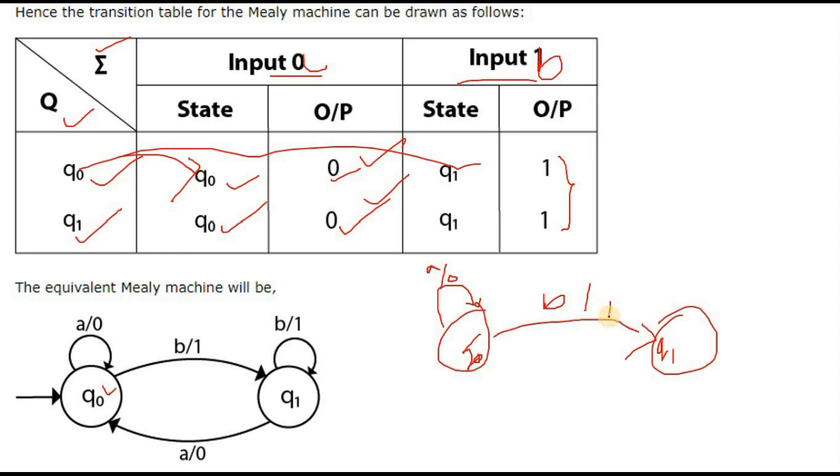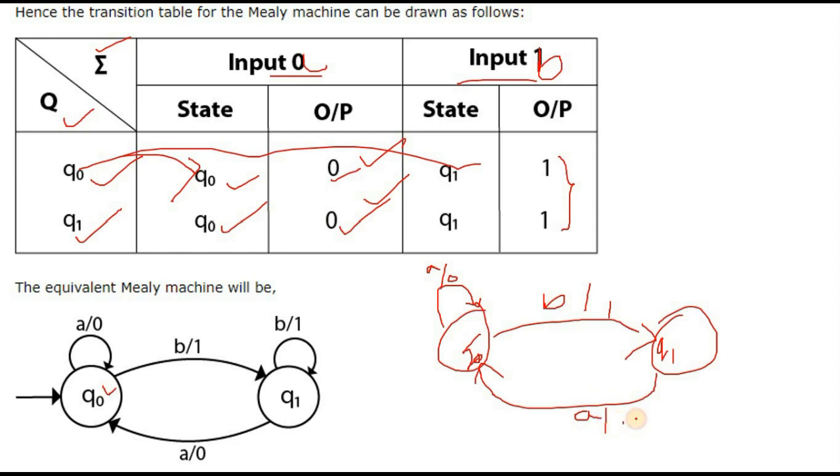And coming to the second one, Q1 to Q0. So it is A as the input, and output is 0.